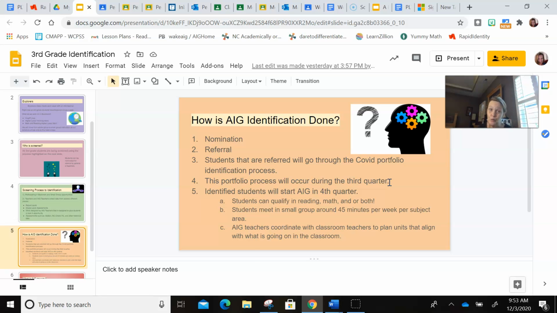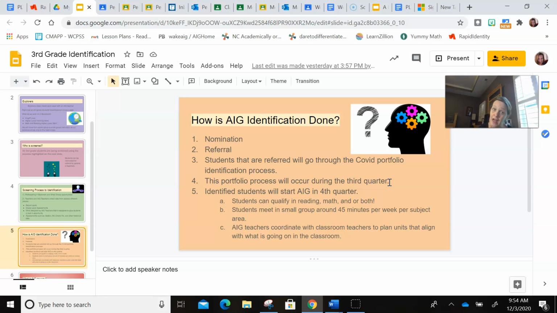Once they do meet those benchmarks, then we say that that student has been referred. And then those students that are referred go through the COVID portfolio identification process. And it's like a matrix. So you get points for certain scores. The most points you can get is 3, 2, 1, or 0.